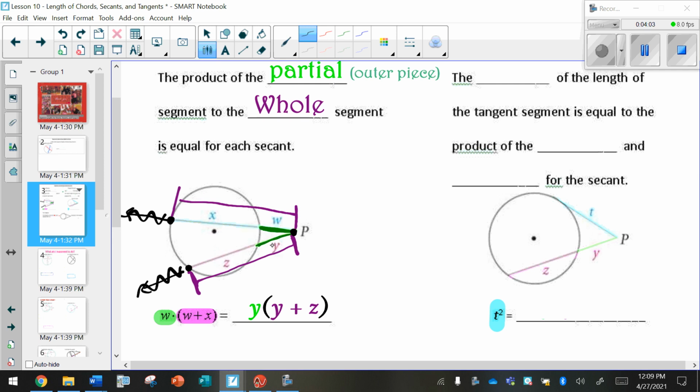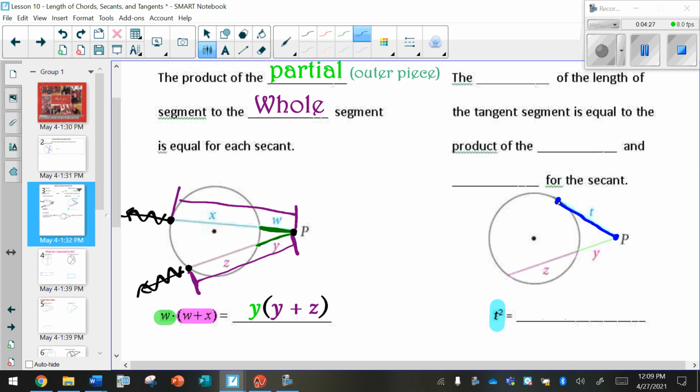All right. Third one follows the exact same rule, but instead of two secants, one of them is a tangent. So it would be outside piece times the whole length equals outside piece times the whole length. But because one of them is tangent, the outside piece just happens to be the same as the whole length.